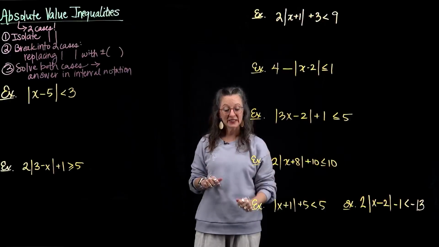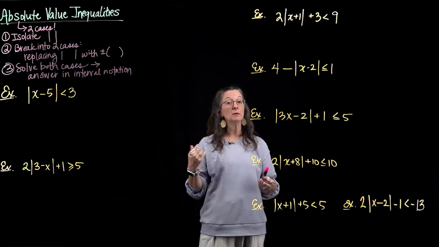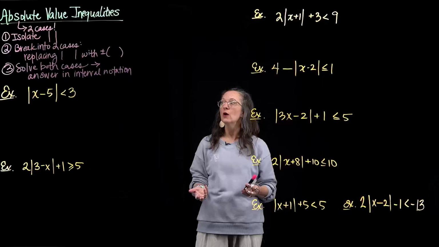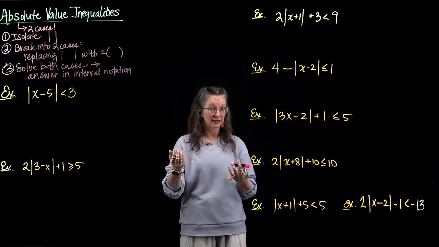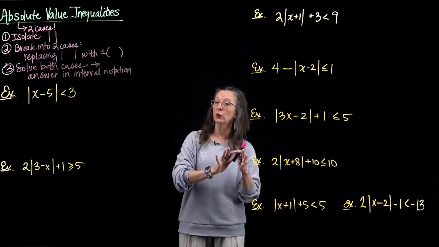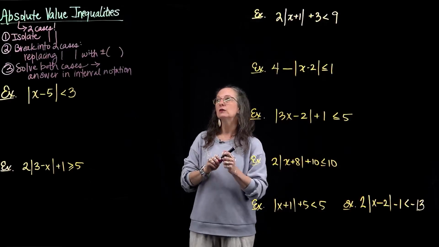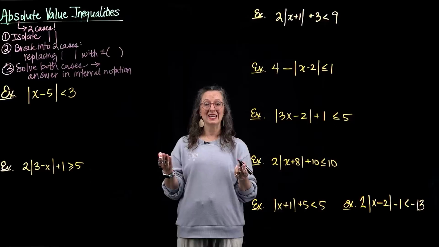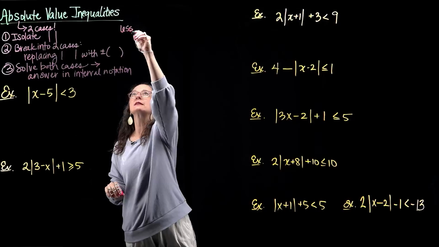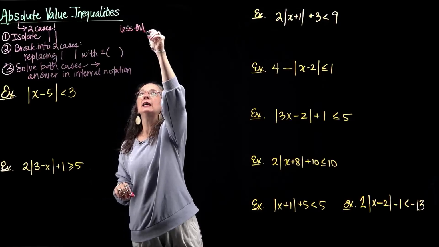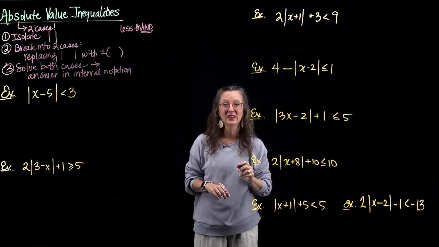All right, we've got some examples to go through. Now, one thing that we want to keep in mind as we are doing this, we are dealing with either less than or equal to, or greater than or equal to. When we are dealing with less than, I like to write it as less than. Okay, do you see the and in there?